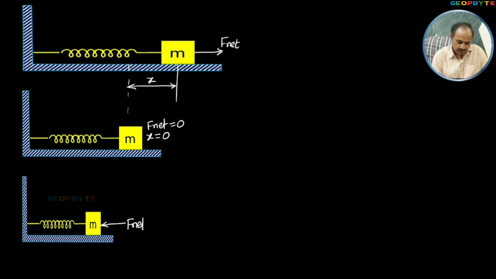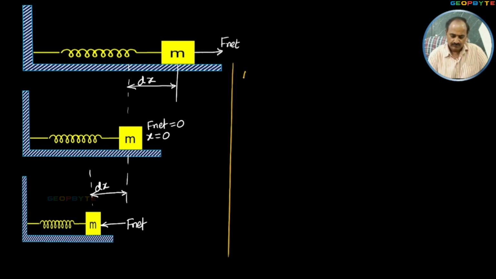Similarly, if you apply a compressive force, with the net force in this direction, the spring will be contracting. Then the contraction of the spring is x, or I can also say dx. Then according to physics, work equals what?